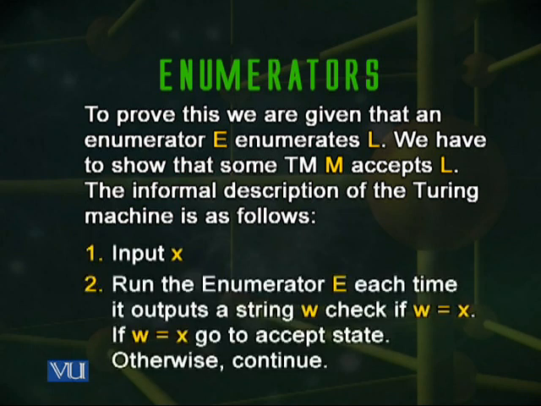What it does is it runs the enumerator E, and each time the enumerator outputs a string W, it would check to see if W is equal to x. If W is equal to x, then the machine goes into the accept state, otherwise it continues. So it will wait for the enumerator to enumerate another string.